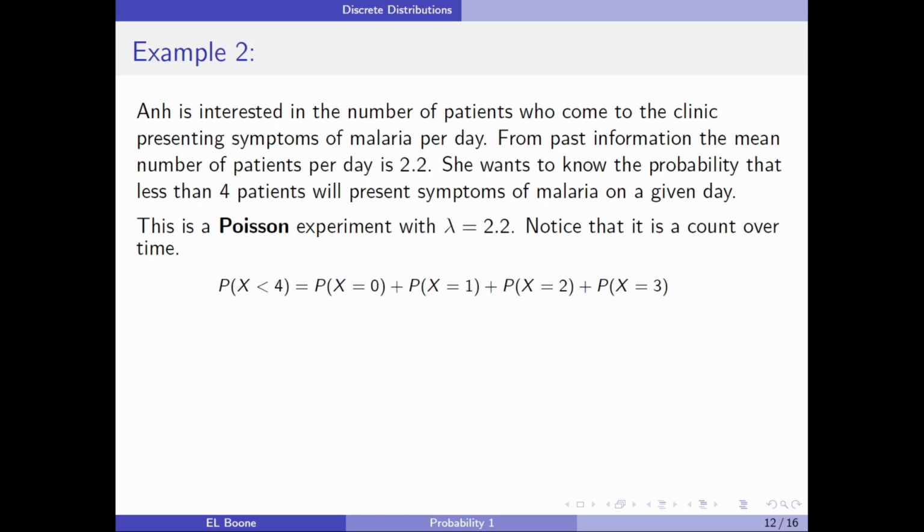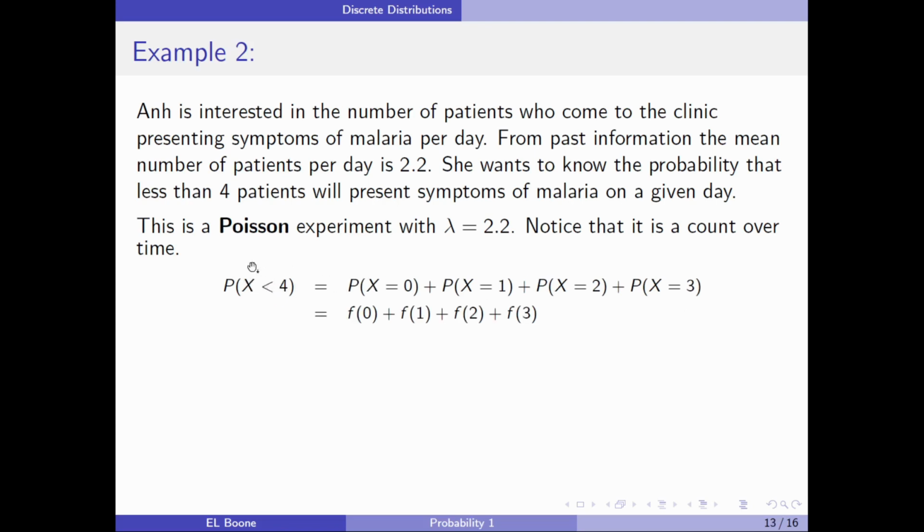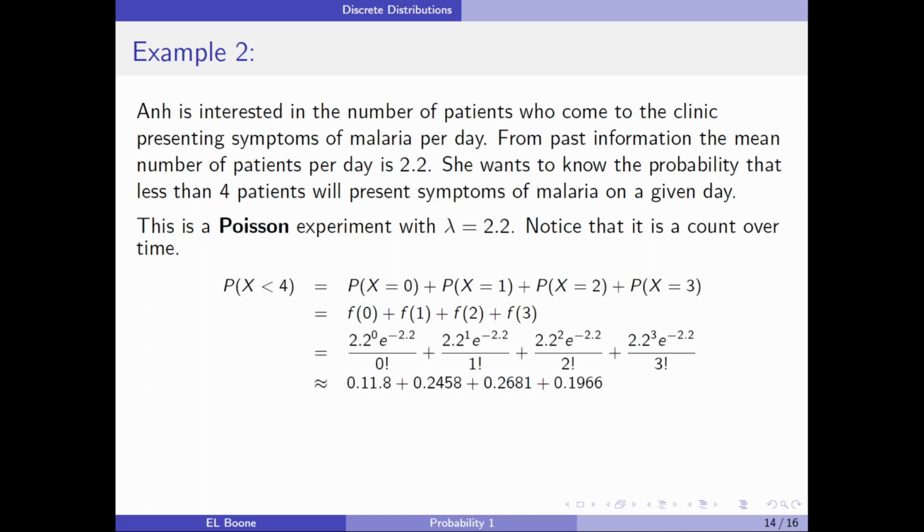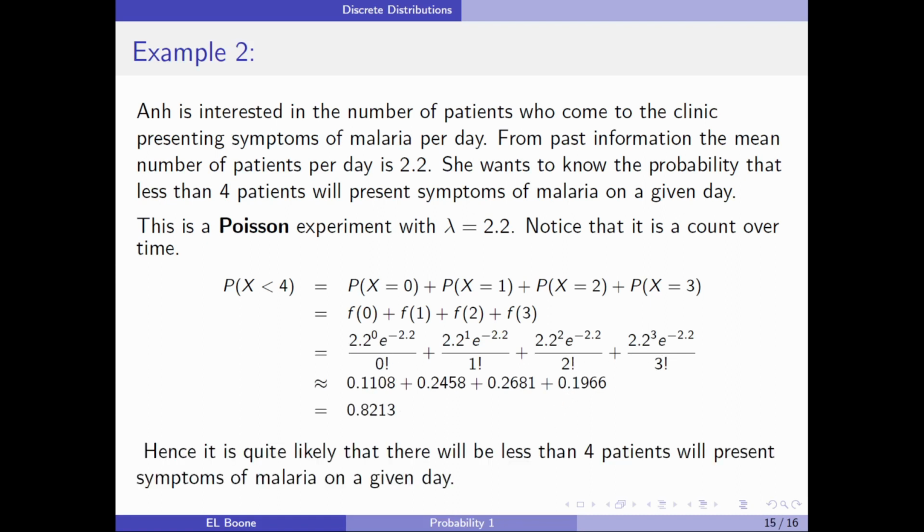So we have the probability that x is less than 4, not less than or equal to 4. You have to pay attention to this inequality, and that's why I did this example. Because it's 0, 1, 2, or 3, not 4, because 4 would be equal here, and we don't have equality there. All right, we plug this into our probability distribution function, do all the work to get it worked out, and we come up with about 0.8213.